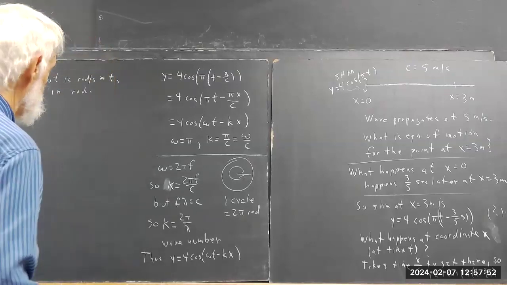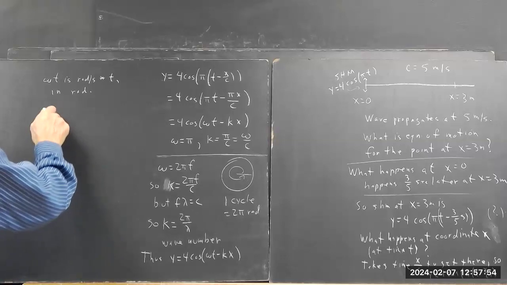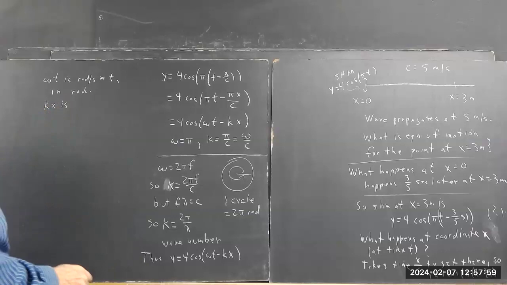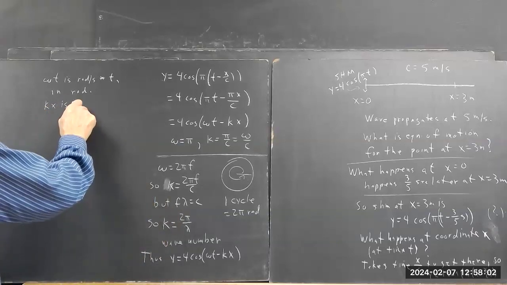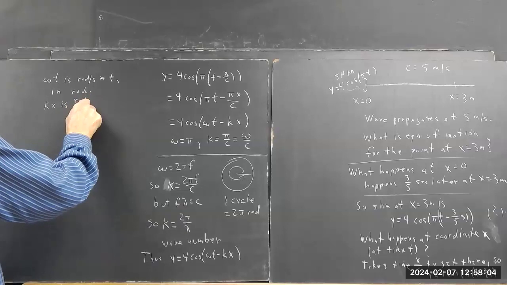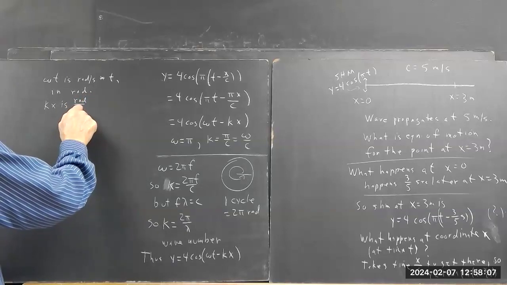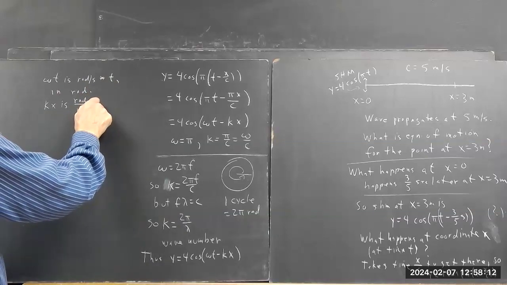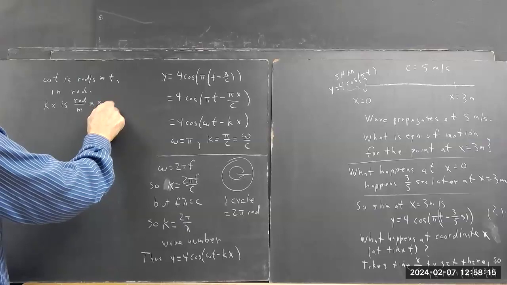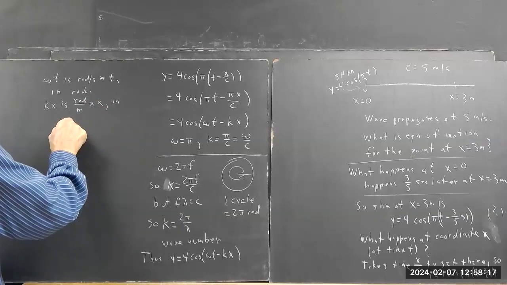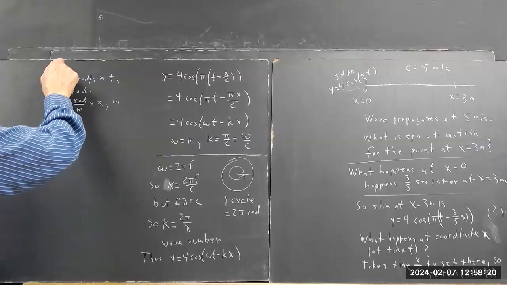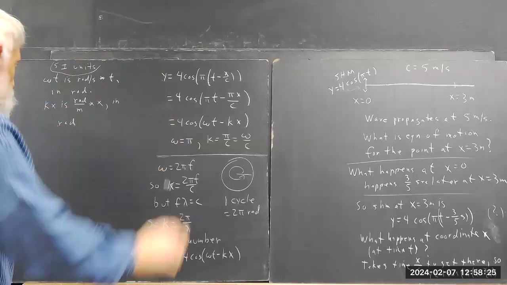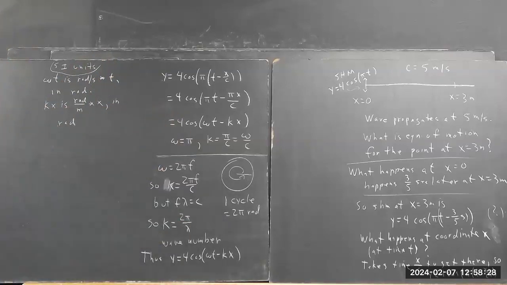Omega t is radians per second times t, so it's in radians. kx is 2 pi over lambda times x. In SI units, it's radians per meter times x, which comes out in radians. Use some other system of units and just work out what the relationships are, okay?